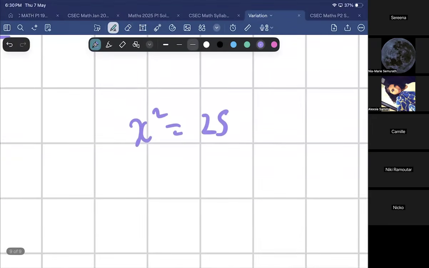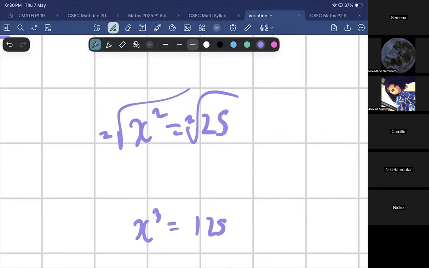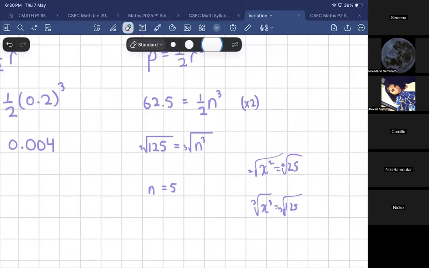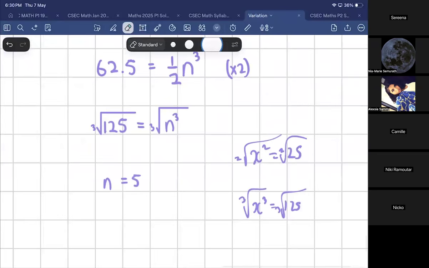By finding the square root. So question, if I had x cubed is equal to 125, what do you think I would do? Find the cube root. That's all. So I think you understand it now. Do you feel like you understand it or not? Yes, sir. Okay, cool.